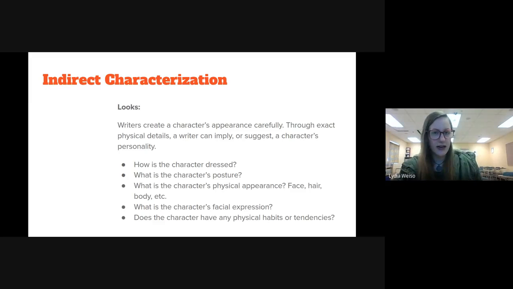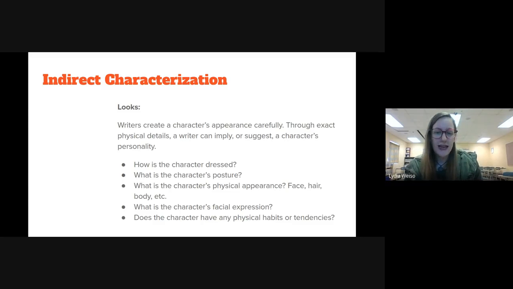But writers create a character carefully. They create a character's appearance carefully. Our associations with a character may be different from the author's associations, but there's still a reason why the author puts their character in jeans and a t-shirt instead of a suit, or in yoga pants instead of a military uniform.